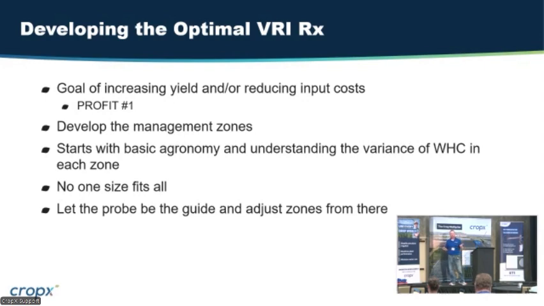As we just talked about, we've got to develop some consistent management zones, whether that's EC data, soil type, or topography. Does anybody know why yield data isn't a good place to start when we develop our management zones? It's probably the most common practice because it's the most readily available data set.